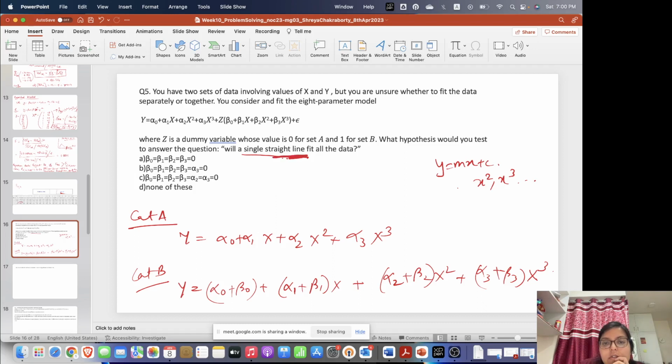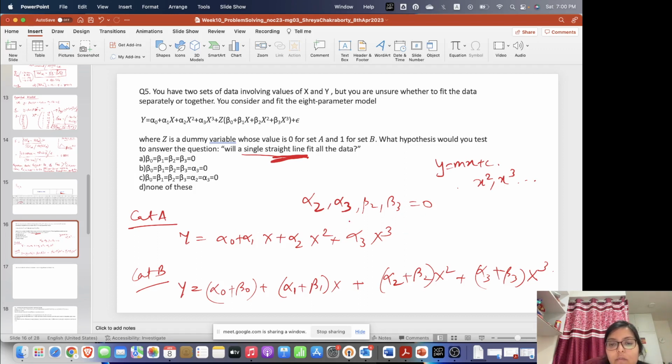So first is to take care of this straight line thing. In order to fit a straight line, alpha 2, alpha 3, beta 2, beta 3 should be 0. Okay. So then both for category A and category B, we would not have any quadratic or cubic terms.